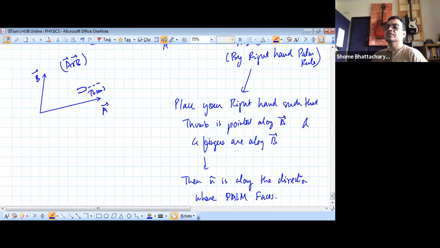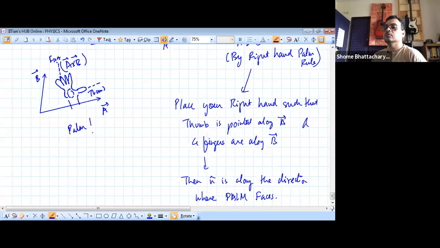And our right hand fingers will point along the direction of B. Now where is our palm facing? When you place your hand like this on the screen, you are seeing the palm. That means the palm is facing towards us.